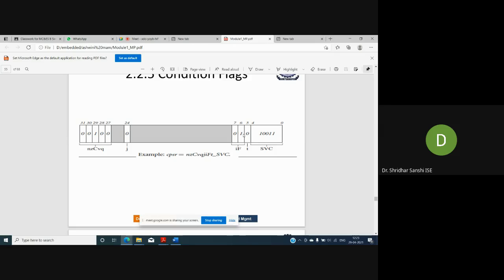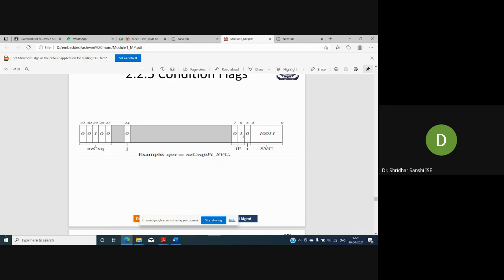What does it mean? F bit equal to 1 means it is for fast interrupt request. What it means is, if there are some interrupts that are identified as fast interrupt requests, those cannot interrupt the execution of the processor.